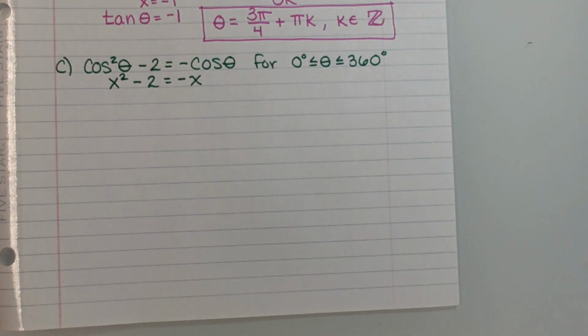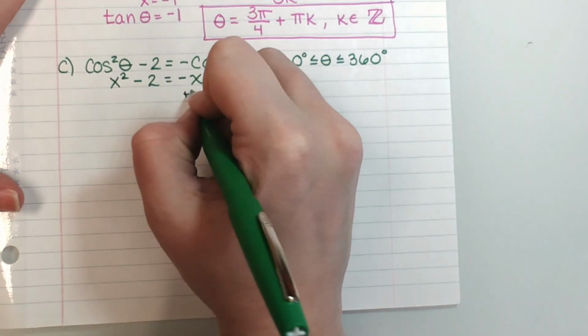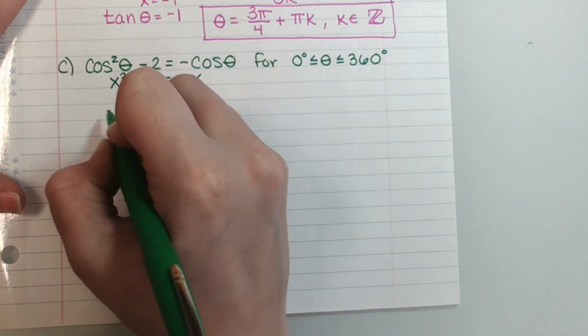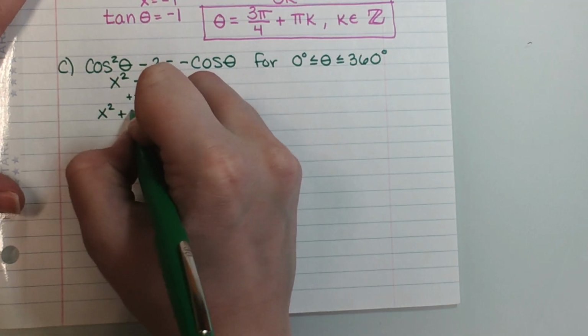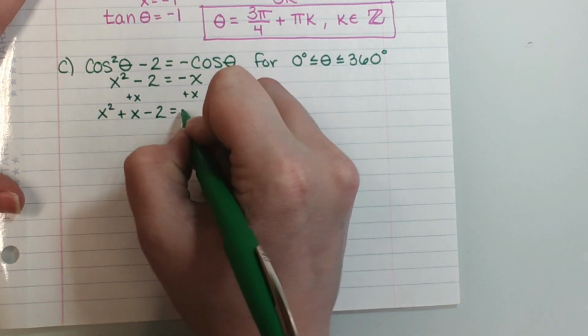What type of equation is this? It's not linear, it's quadratic. To solve quadratic equations, you start by getting them equal to 0. X squared plus x minus 2 equals 0.